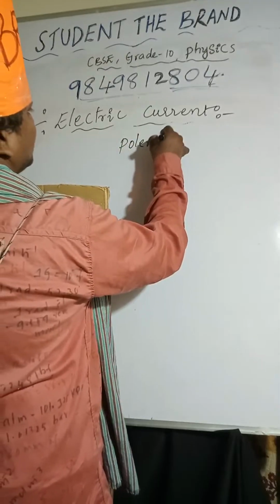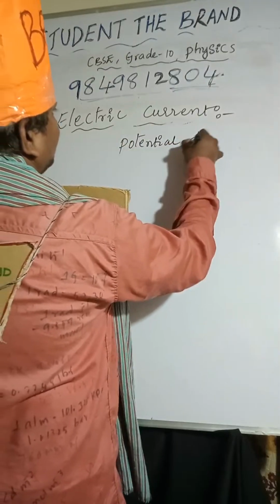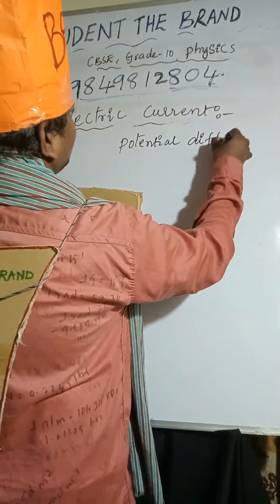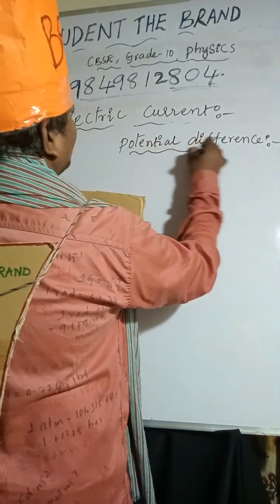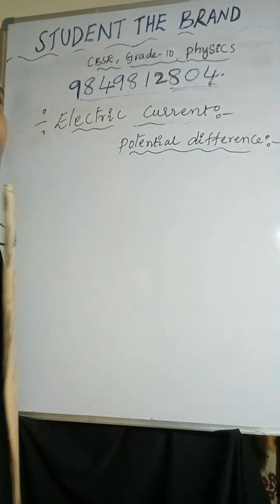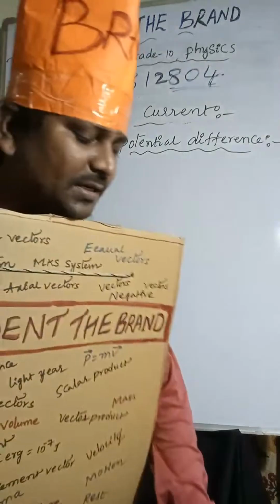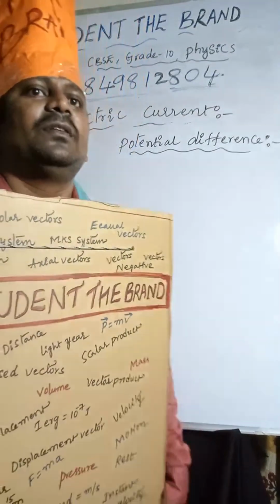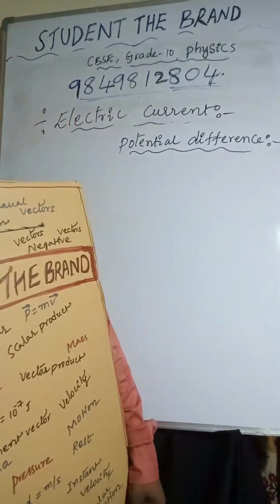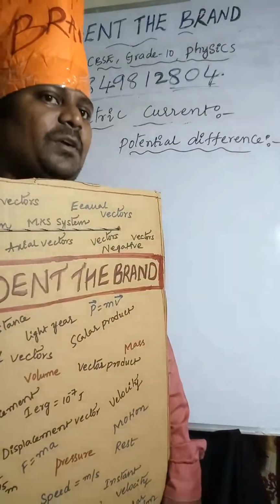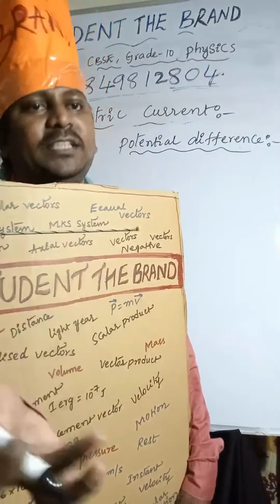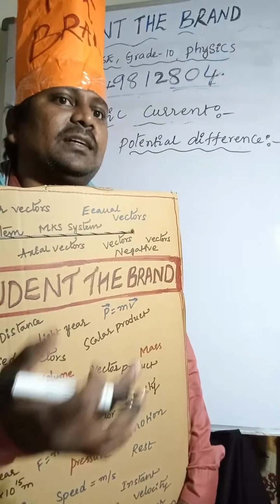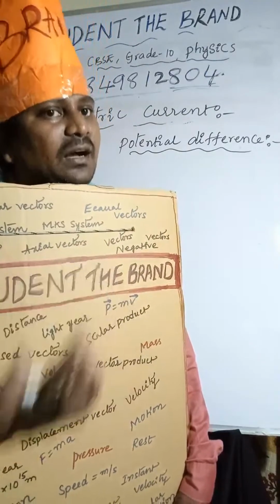Potential difference is nothing but the work done to move a unit positive charge. We are doing some work to bring a unit positive charge from one point to another point within the conductor or within the field.